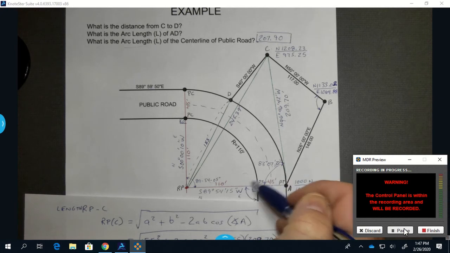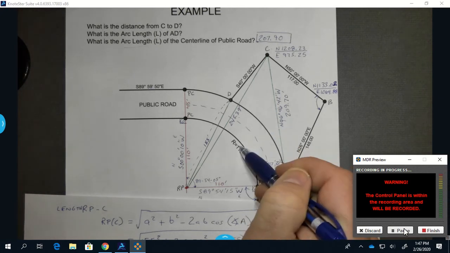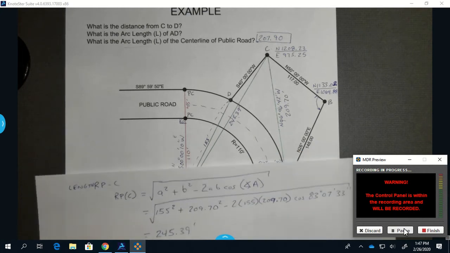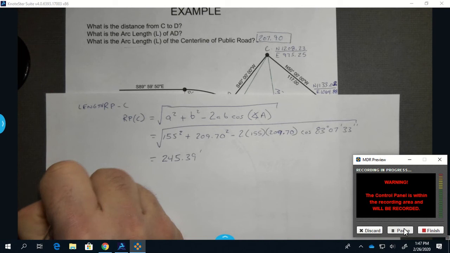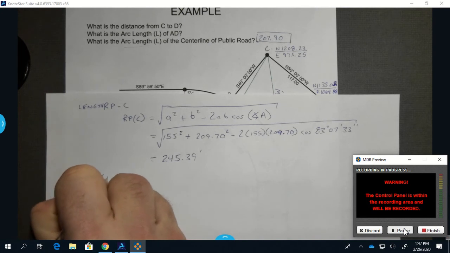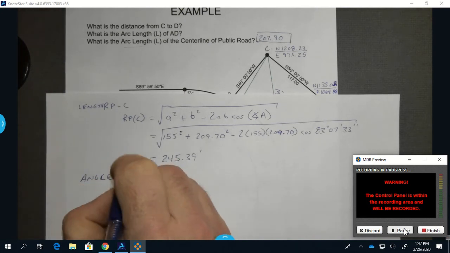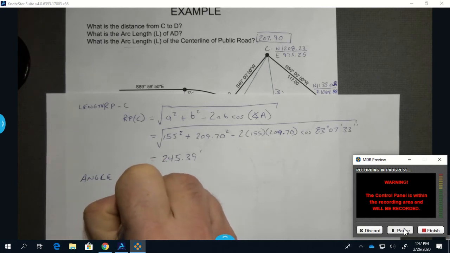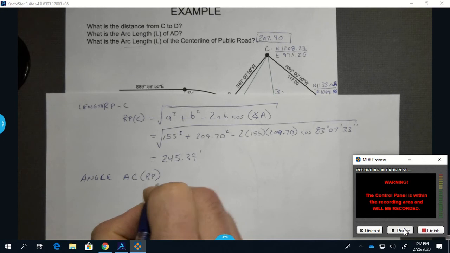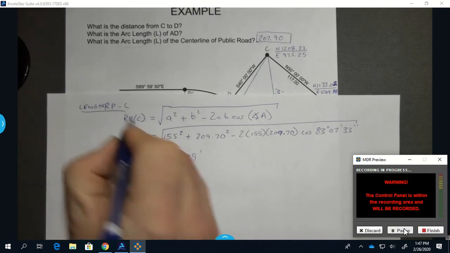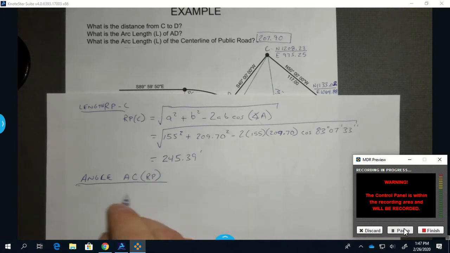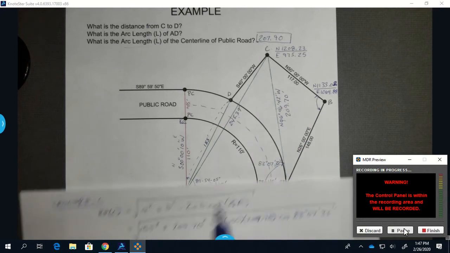Because we have information for this triangle here, let's see if we can figure that one out. So let's say angle ACRP. See if we can find that one. If I do the law of sines, that's how I'll be able to find this here.